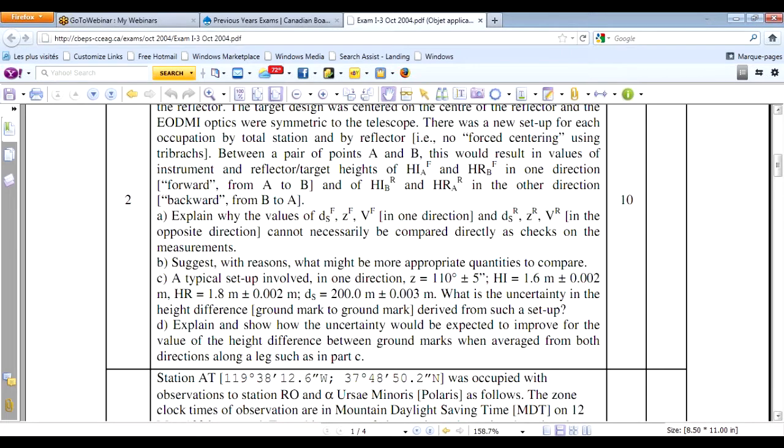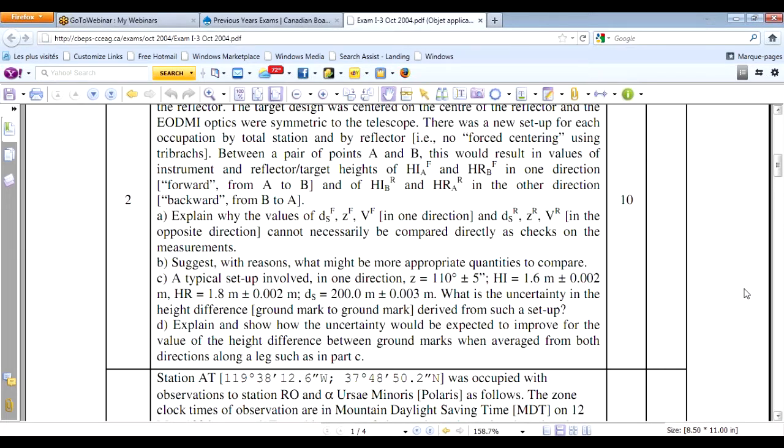If you do the calculation that's asked for in C part, that's a calculation referring to one occupation, say from A to B. You would have a similar calculation available from the occupation from B back to A. So that means if you create the right triangle that involves the two mark-to-mark ground points as the slope distance, the horizontal distance as the bottom base of the triangle, and the vertical height difference between the two ground marks as the other part of the triangle, you would have one value from going from A to B. You would have another value going from B to A.